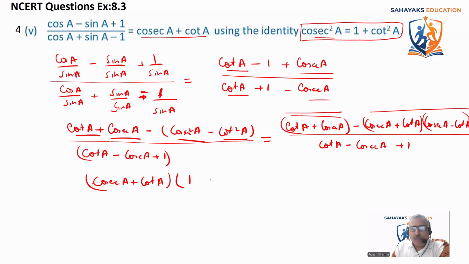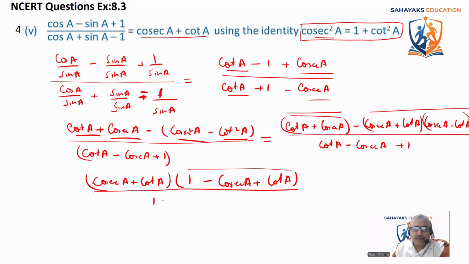It's 1 minus cosec A plus cot A divided by, see, it's the same thing down there. Same thing is down there.